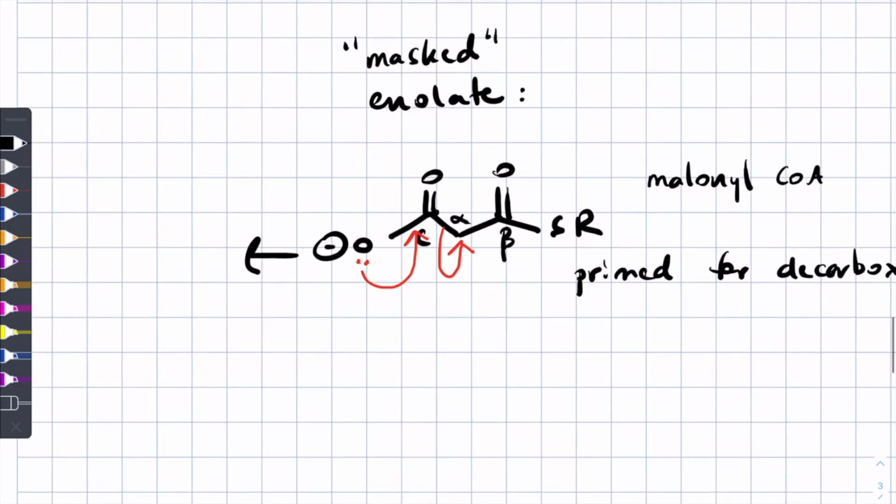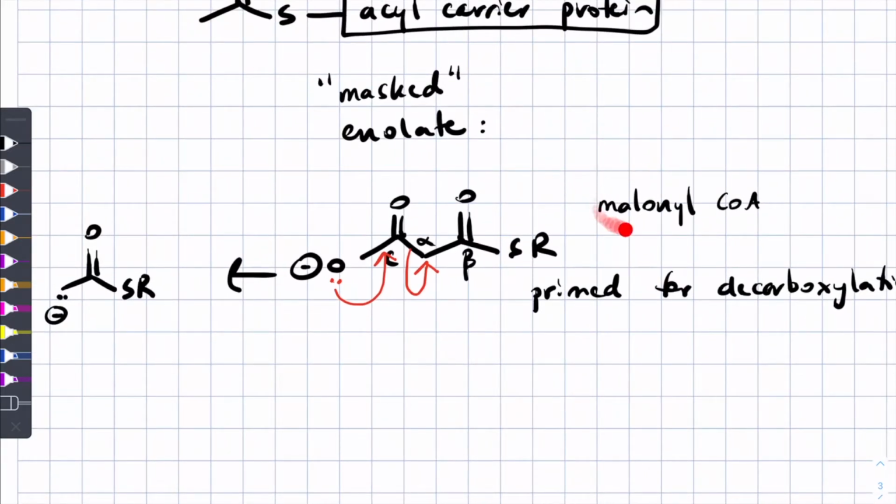And that gives you an enolate. So malonyl-CoA is ultimately derived from acetyl-CoA. Nature tacks on this CO2 group to have this molecule primed and ready to become an enolate.